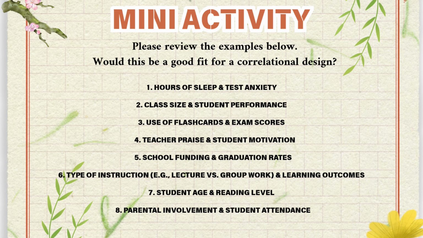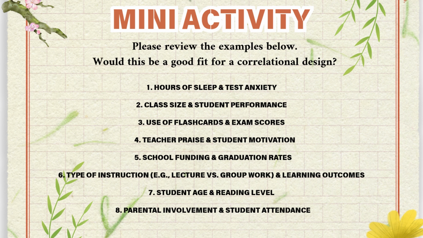And no, this is not correlational, because it involves comparing groups based on instructional methods, which tends to lean towards experimental or quasi-experimental design. So this is not a correlational design.